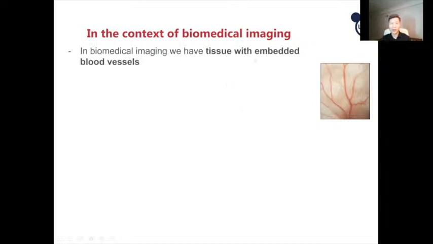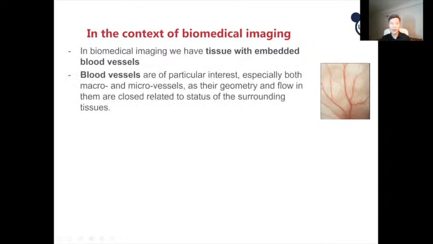So we have tissue with embedded blood vessels, and the blood vessels are of particular interest, especially the micro vessels, as their geometry and flow are closely related to the status of the surrounding tissue.